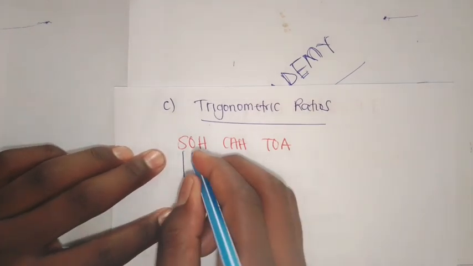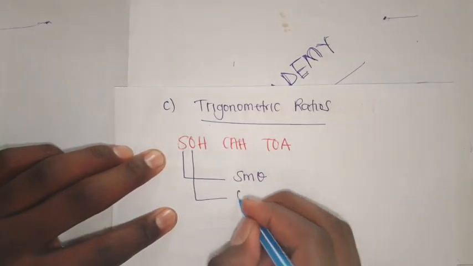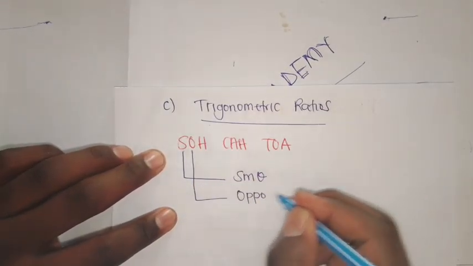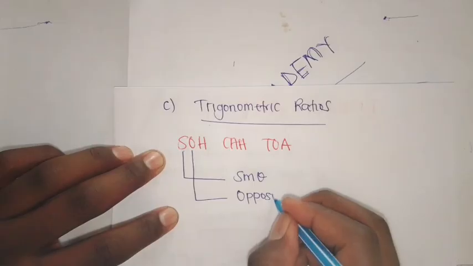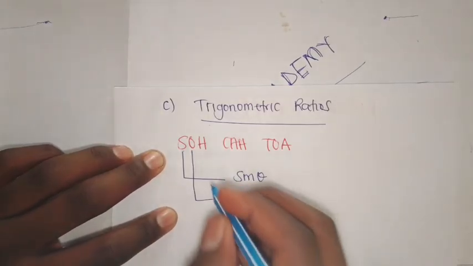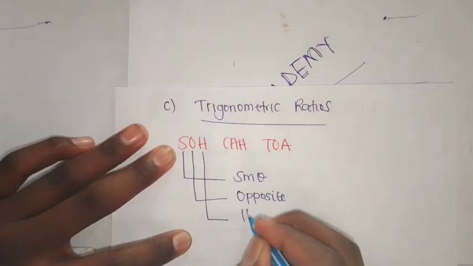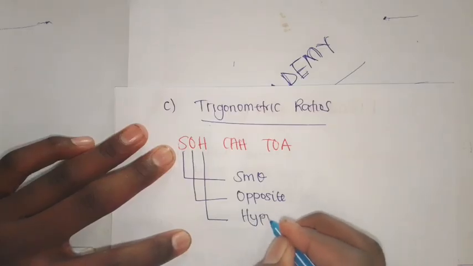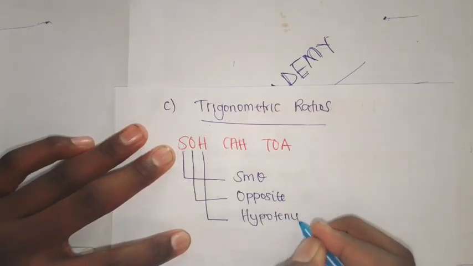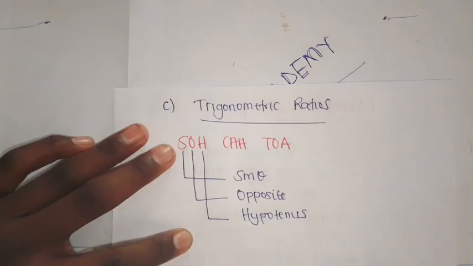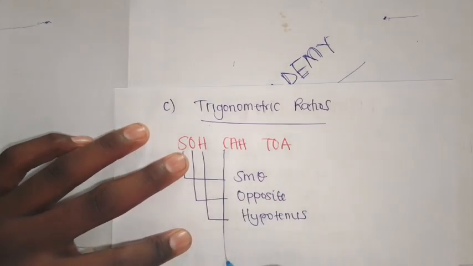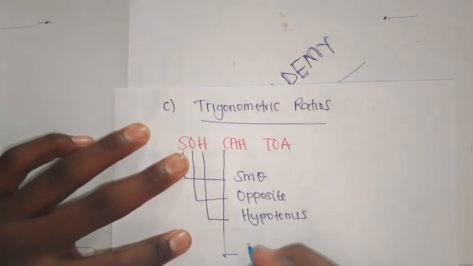Then this O stands for opposite. Remember we talked about the opposite. This H stands for hypotenuse. This C talks about the cos theta.